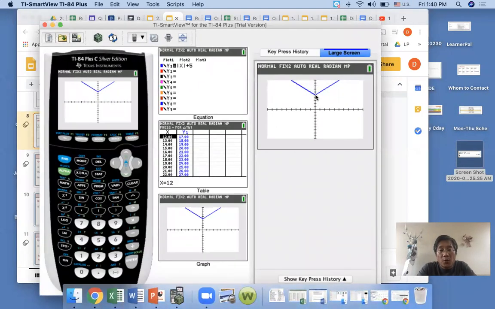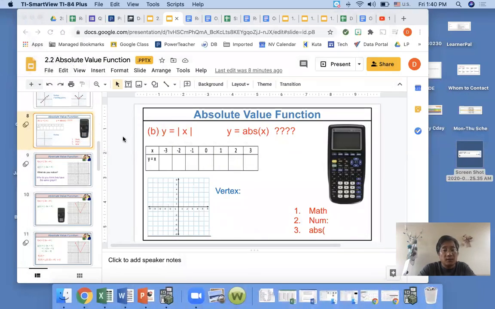Look, this turning point we call the vertex. All right, this turning point is what? Vertex. So here, x is 0 and the y value is 5. So the vertex of this absolute value function is (0, 5). All right. So please remember what the vertex is.